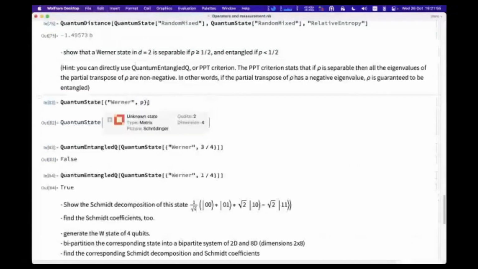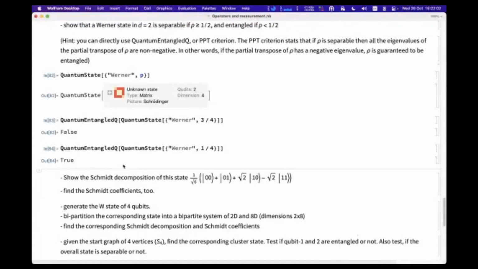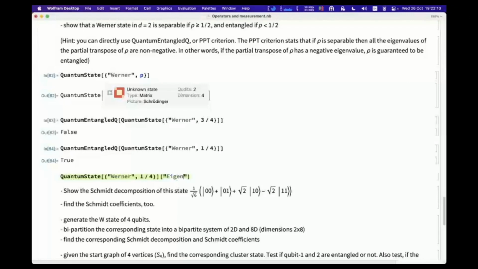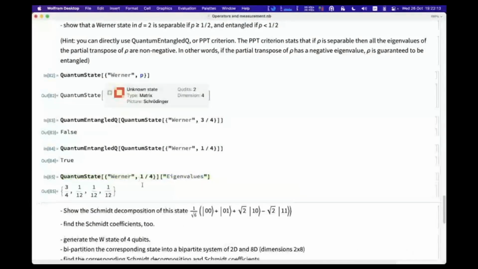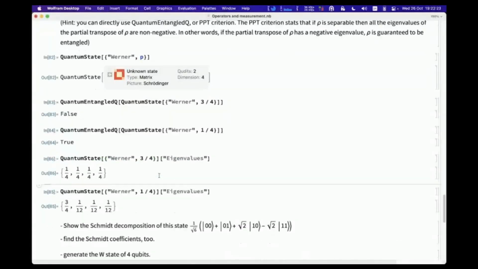Just to see how we can check that, for that Werner state we can directly ask for the eigenvalues of the density matrix. As you can see, in this case, when it is entangled, all of them are positive. And let's look at the case that is separable, more than that.